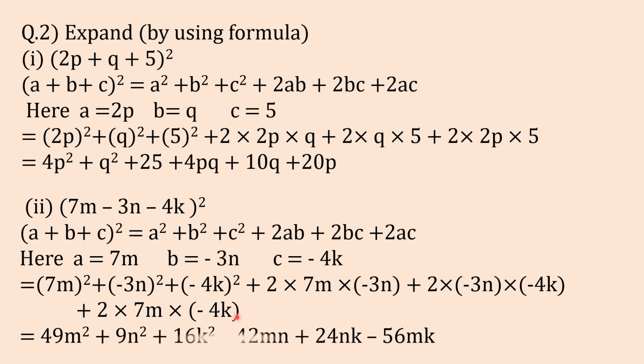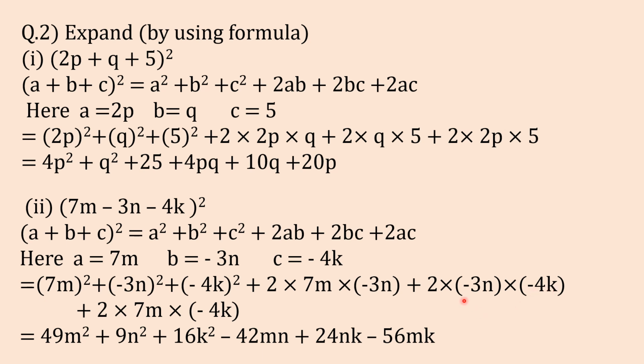So let's simplify further. 7m the whole square will become 49m square, minus 3n the whole square will become 9n square, then plus minus 4k the whole square will become 16k square. You'll multiply this, that is 2 into 7m into minus 3n, you'll get minus 42mn. Then plus, now here, 2 into minus 3n into minus 4k.